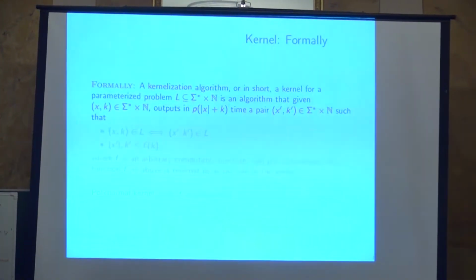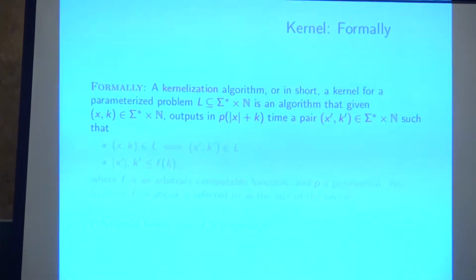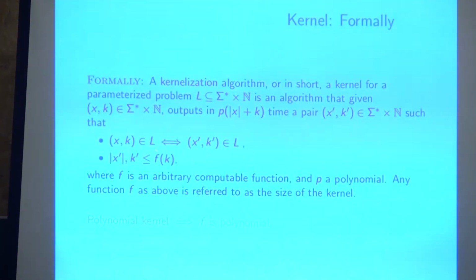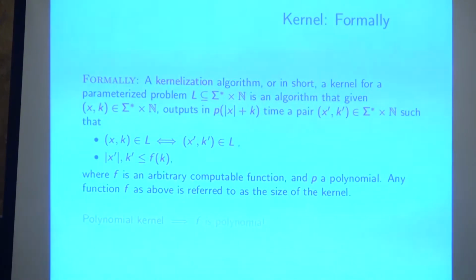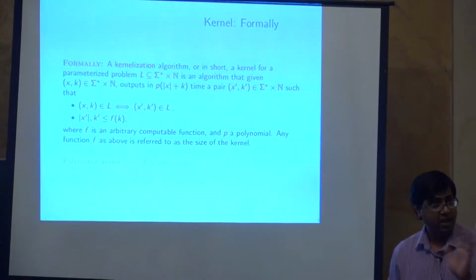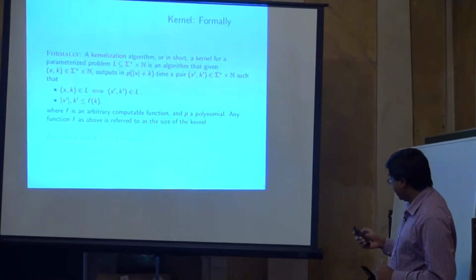It takes polynomial time, because it is not allowed to take more, and it has two things: (x, k) is in L if and only if (x', k') is in L. So you gave me a language, you gave me an input, and I return you an equivalent input. I haven't changed the answer, but it demands something more.